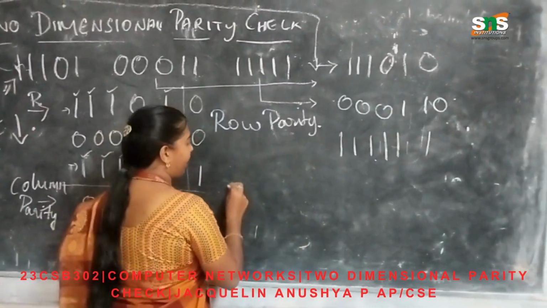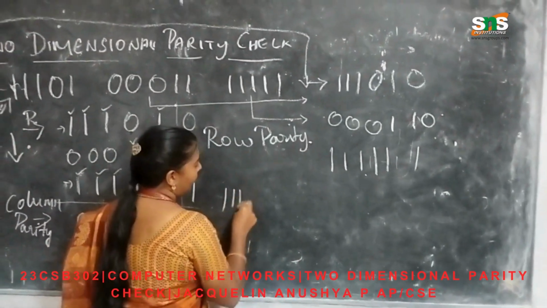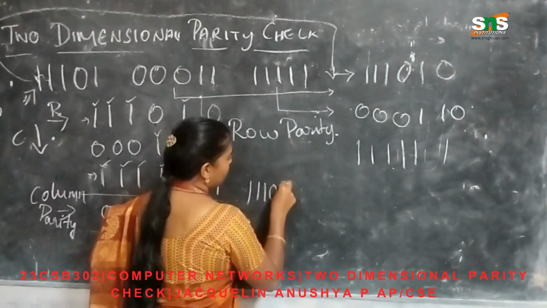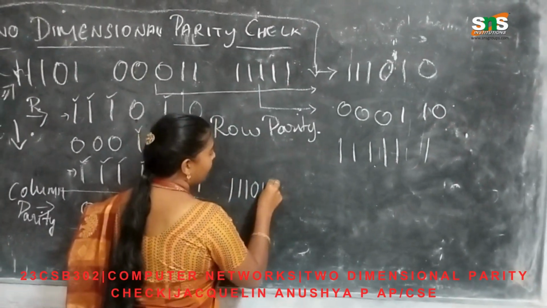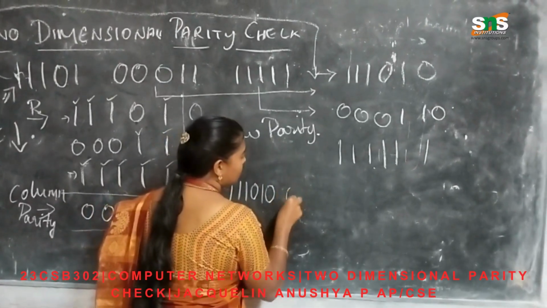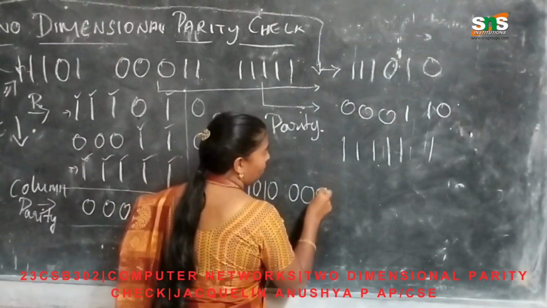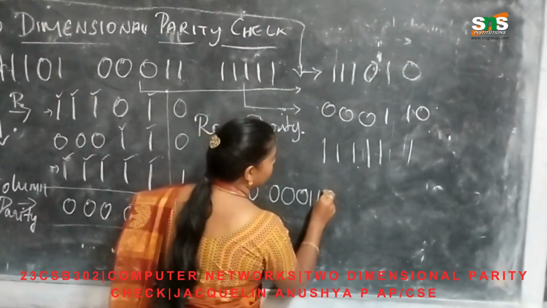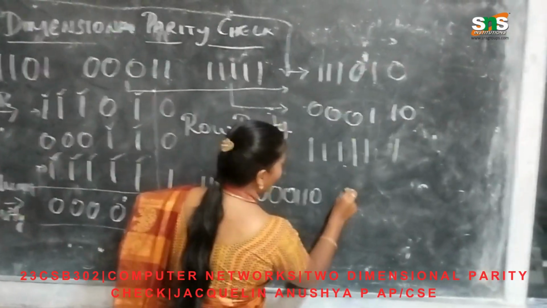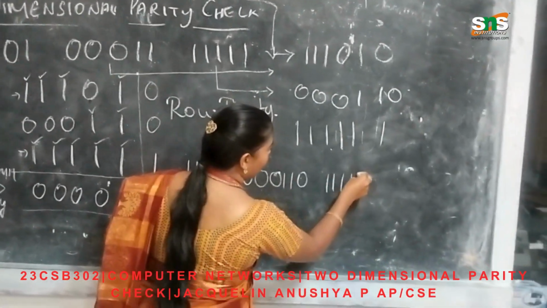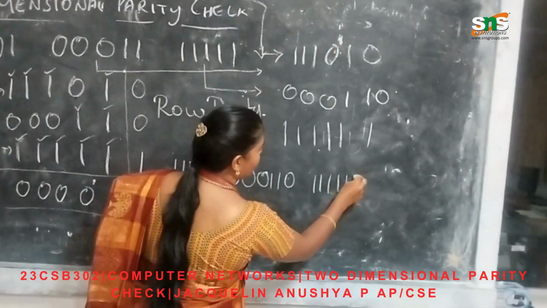Now we will write it together as 1 1 1 0 1 and 0 and 0 0 0 1 1 0 and 1 1 1 1 1. So you have 3 ones and 1.